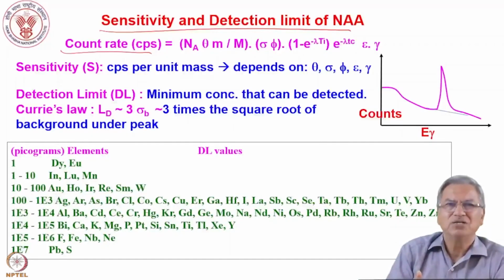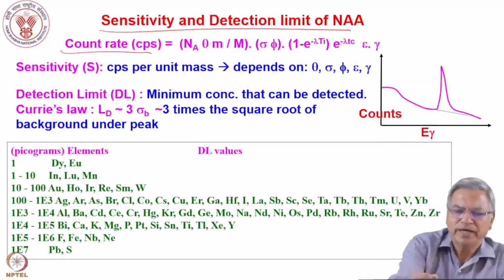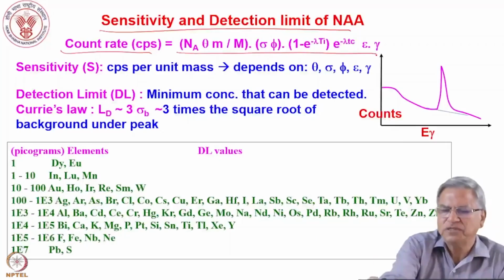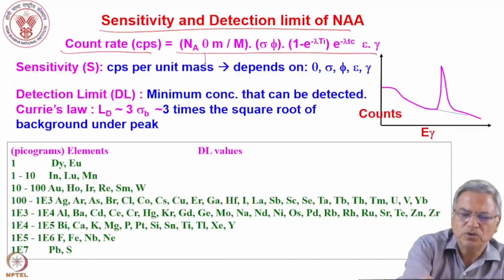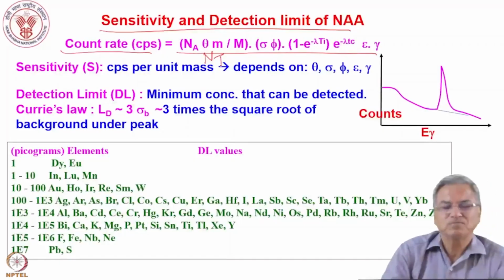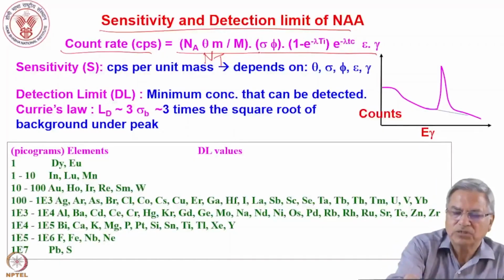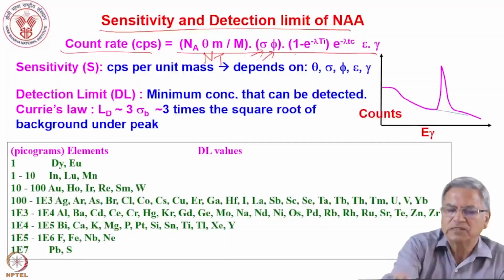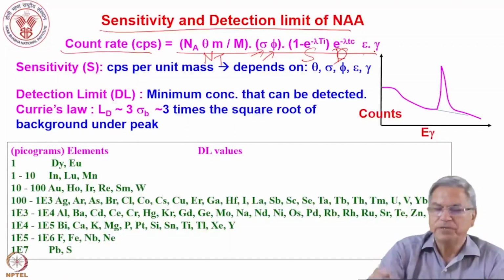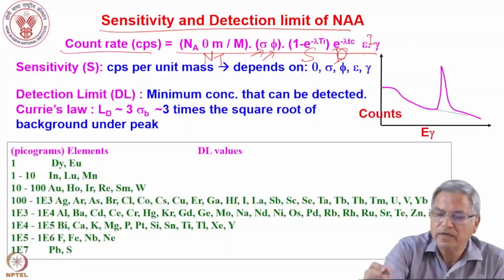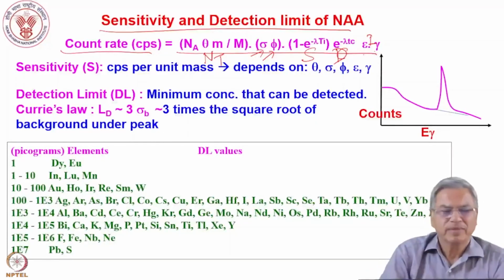So that is the offline measurement. Again, this is the same equation which I mentioned in the previous slide. This essentially gives you the number of target elements. This is the cross section and the flux, the saturation time, the cooling time, the decay time, efficiency, and abundance of the gamma ray, intensity of the gamma ray.